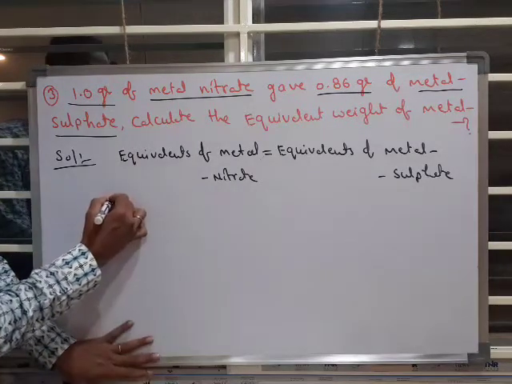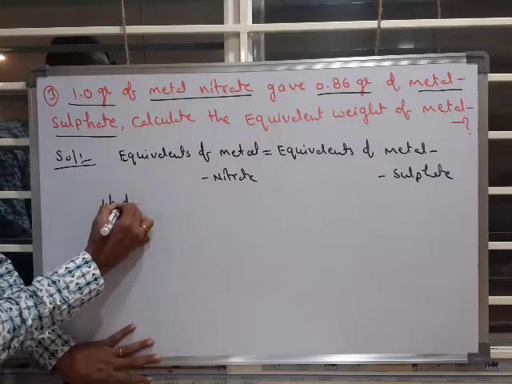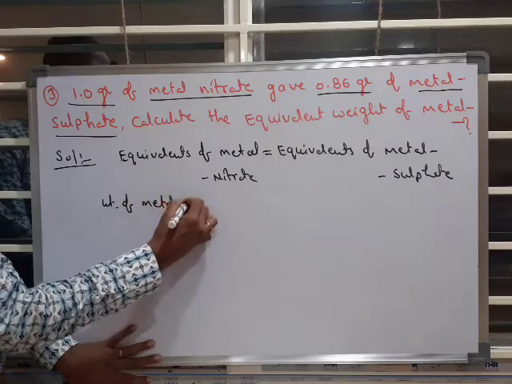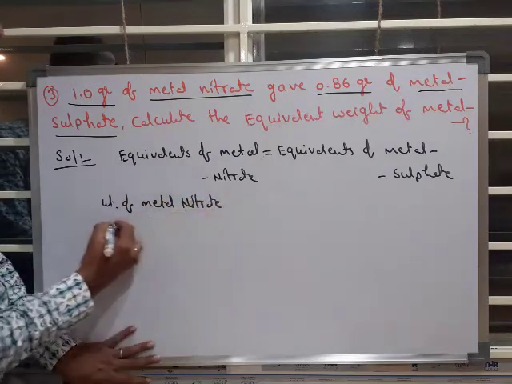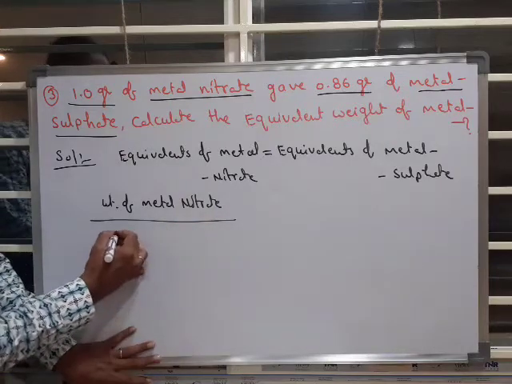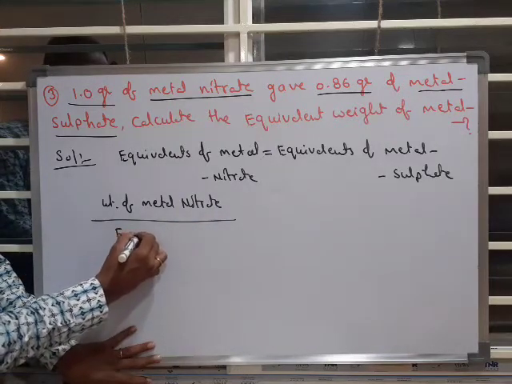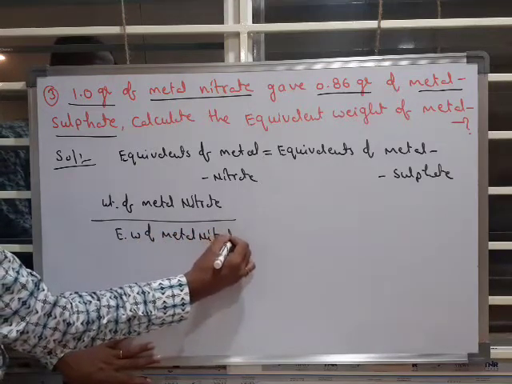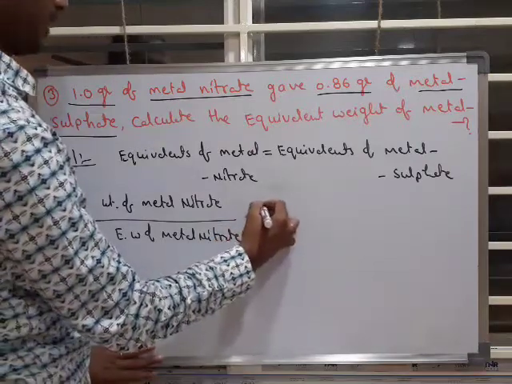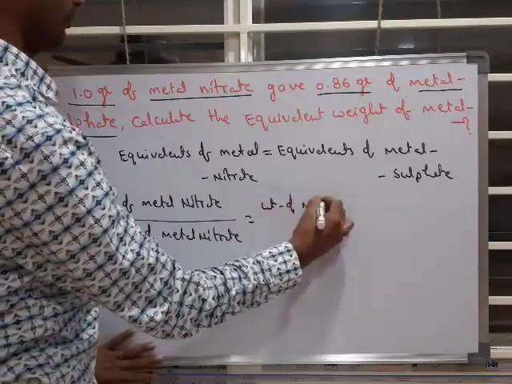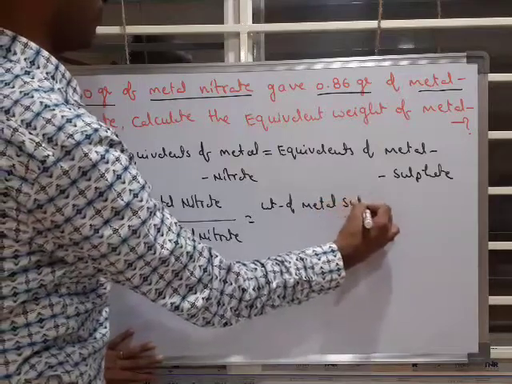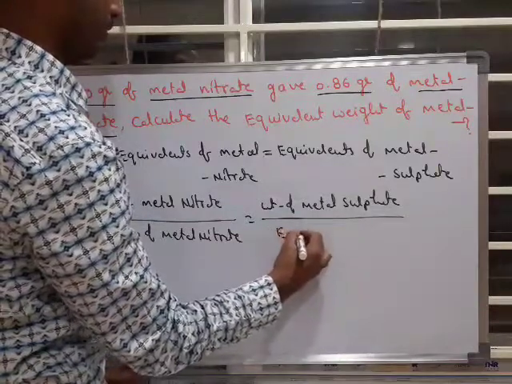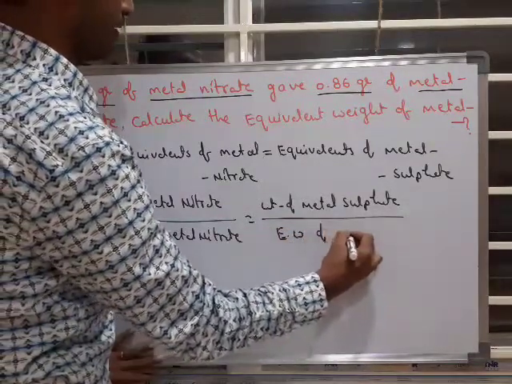Equivalents means weight of metal nitrate divided by equivalent weight of metal nitrate equals weight of metal sulfate divided by equivalent weight of metal sulfate.